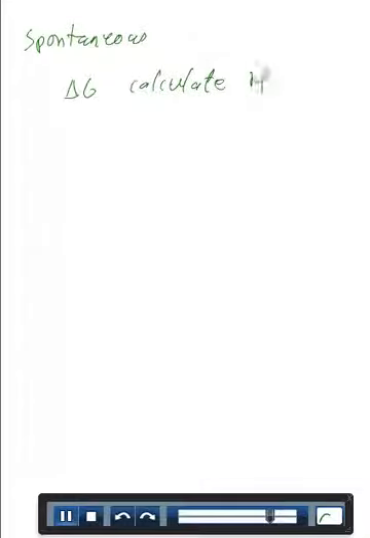Okay, let's consider spontaneous a little bit more. How do we know what's going to happen? How can we tell if something's spontaneous or not? Well, we can calculate delta G. And if delta G is negative, then the reaction or process is spontaneous. But what does that mean?